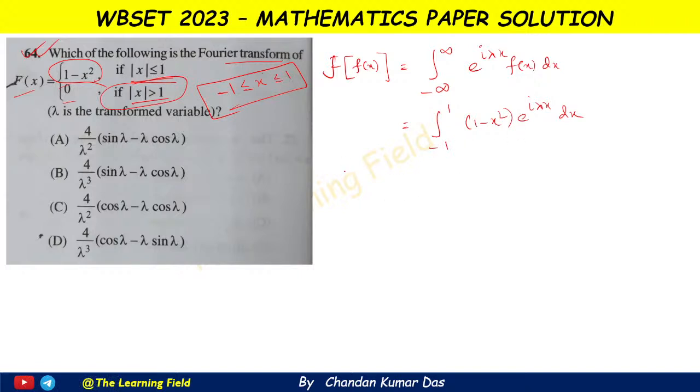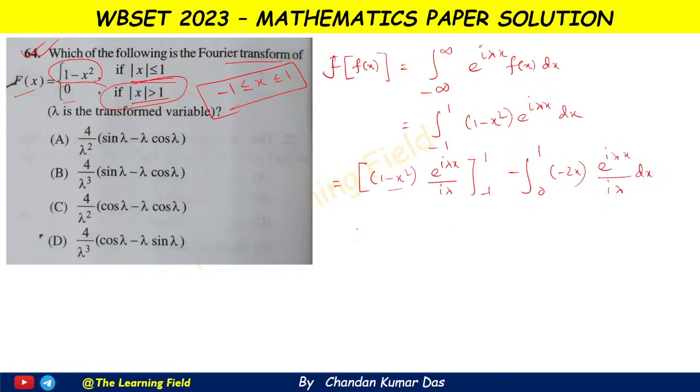If we integrate this by parts, then we get 1 minus x square into exponential iota lambda x by iota lambda from minus 1 to 1, minus the integration of minus 2x, the derivative of 1 minus x square, and the integration of the other part gives e to the power iota lambda x by iota lambda into dx.